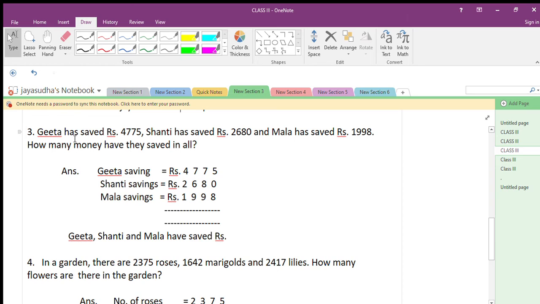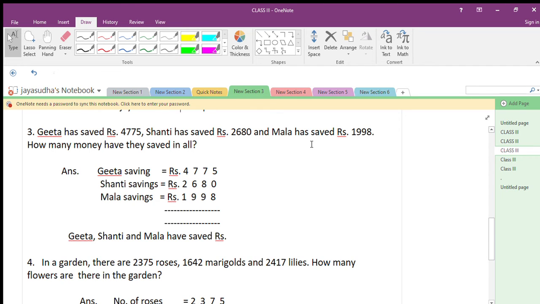Geeta has saved rupees 4,775. Geeta, a girl, how much money did she save? 4,775 rupees Geeta has saved. Then Shanti, another girl, has saved rupees 2,680.